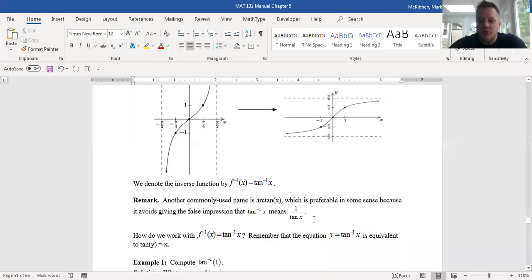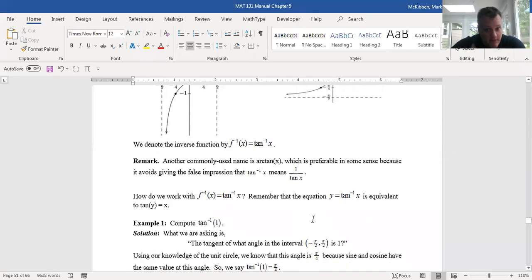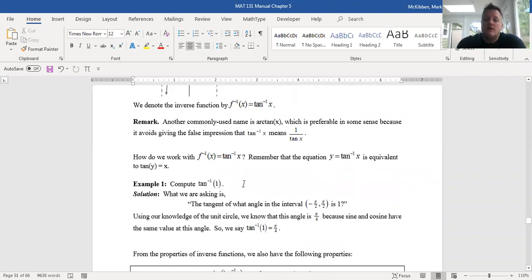Okay, so you think about it the same way we did before, right? So for example, what's the tan inverse of 1? Right, so what that question means is the tangent of what angle in the interval from minus pi over 2 to pi over 2 is 1. Right, so these are a little bit trickier because you have to think about how the sine and the cosine relate to each other at these values.